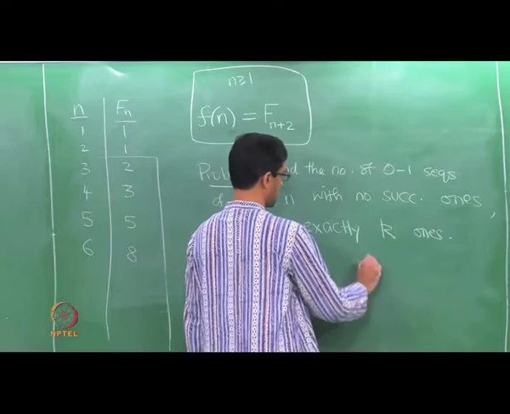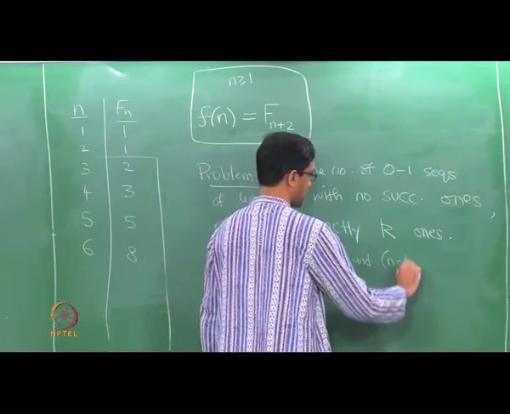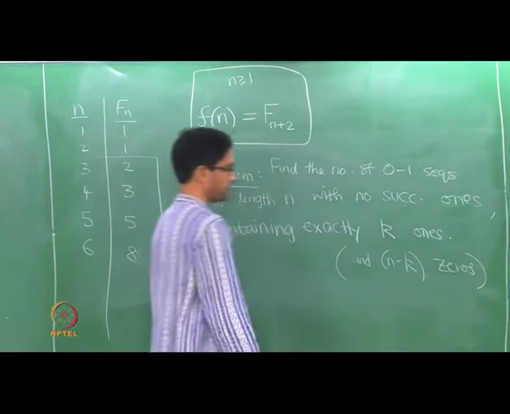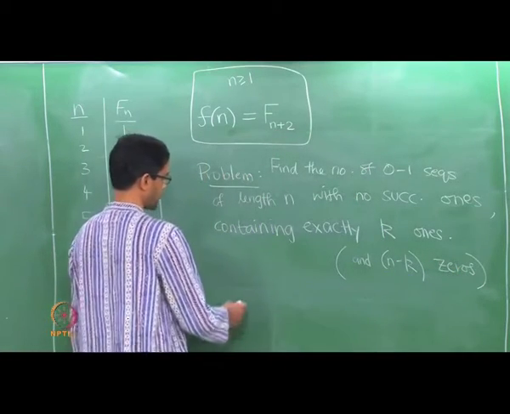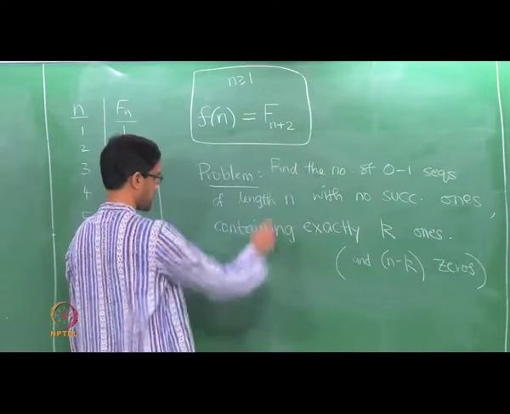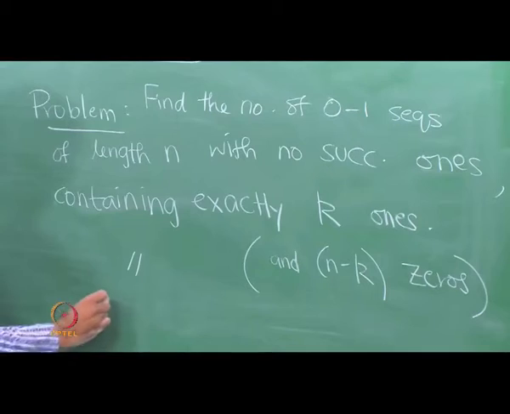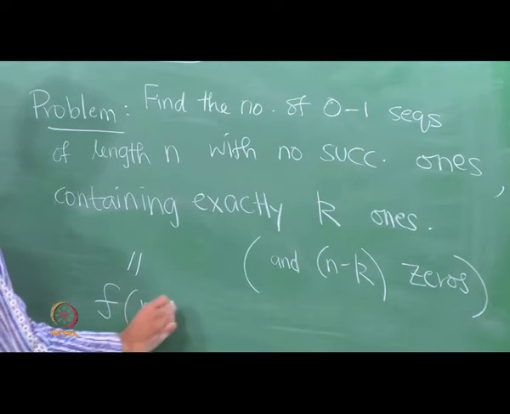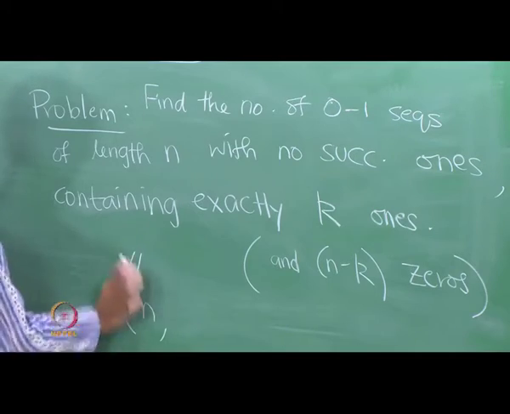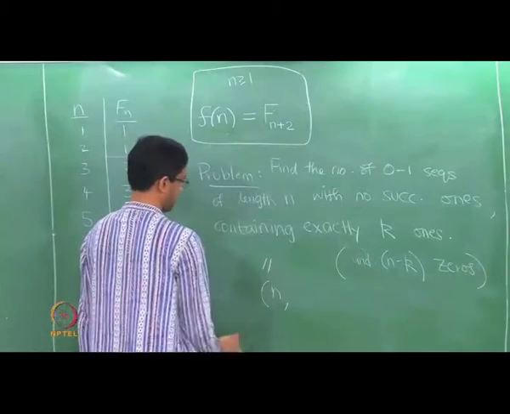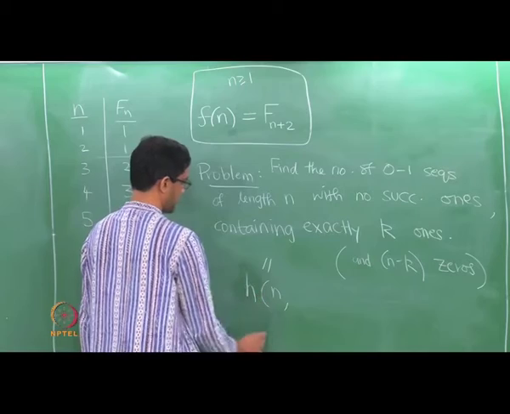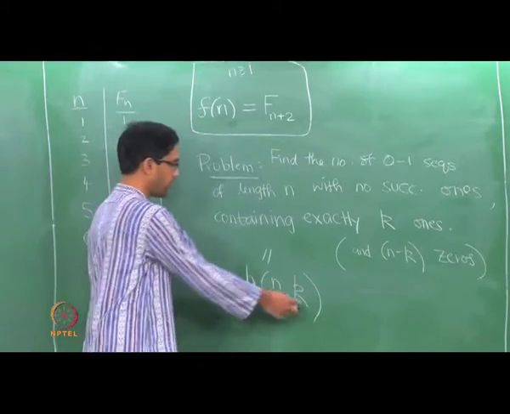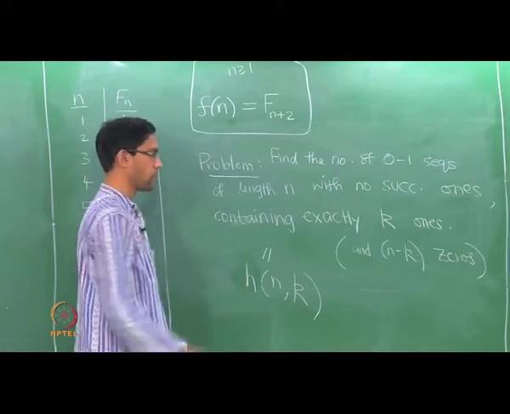Of course it means that the rest of the entries are zeros, n minus k zeros. Okay, so let's give this number a name. So instead of just f of n, it has an additional parameter k, so maybe we shouldn't even call it small f. So let's call it h of n comma k. Okay, so there are two parameters n and k, and the value of course will depend on both of them.